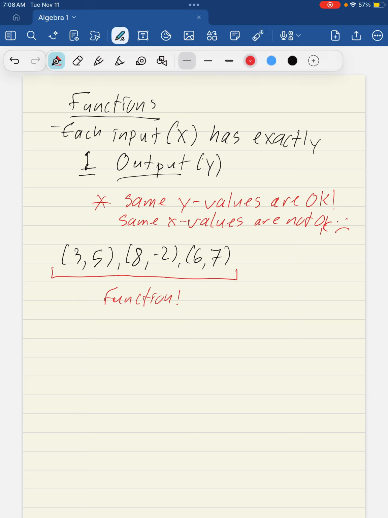Now, if I was to add a different number, if we added, say, 6, 12, now all of a sudden we wouldn't have a function. Why is that? Not a function, because now 6, our input, goes to 7 and 12, which is 2 outputs.